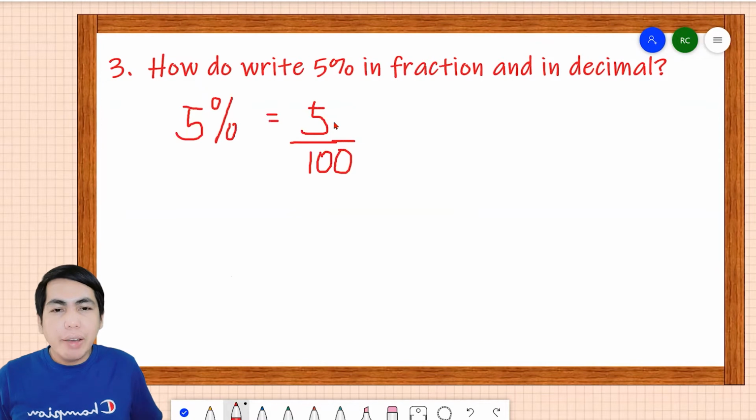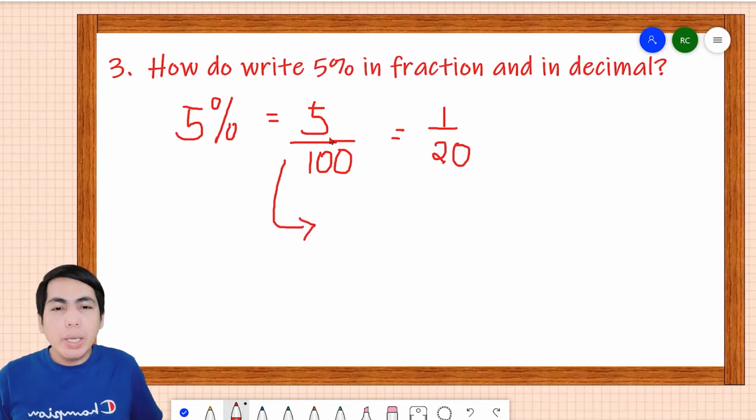The GCF of 5 and 100 is 5, so we can divide our numerator and denominator by 5 to give us 1 over 20. So the fraction equivalent to 5% is 5 over 100, or in lowest term, 1 over 20.